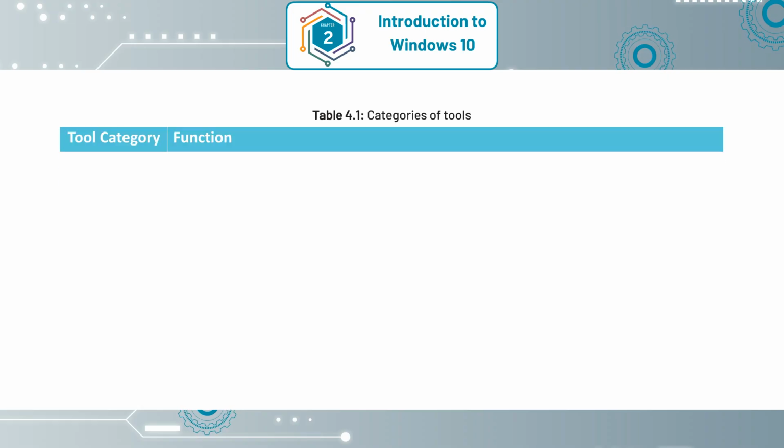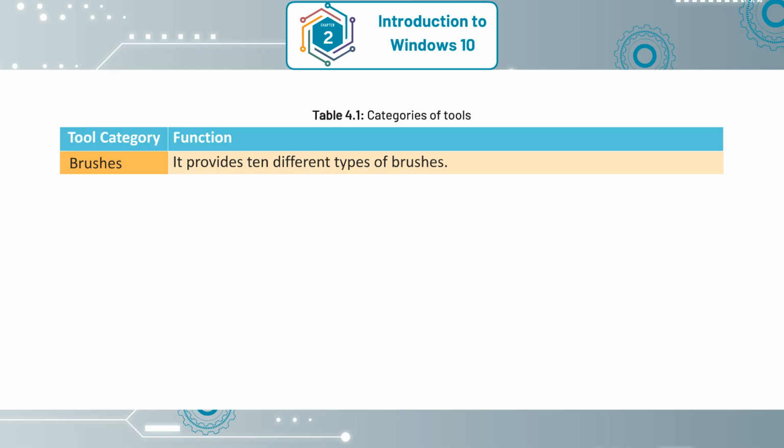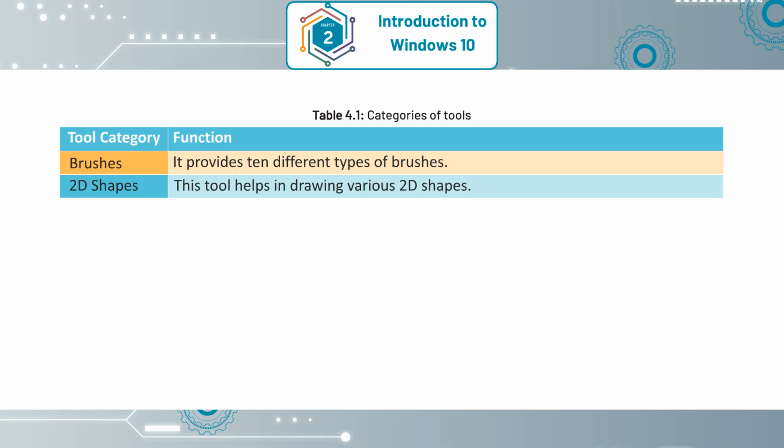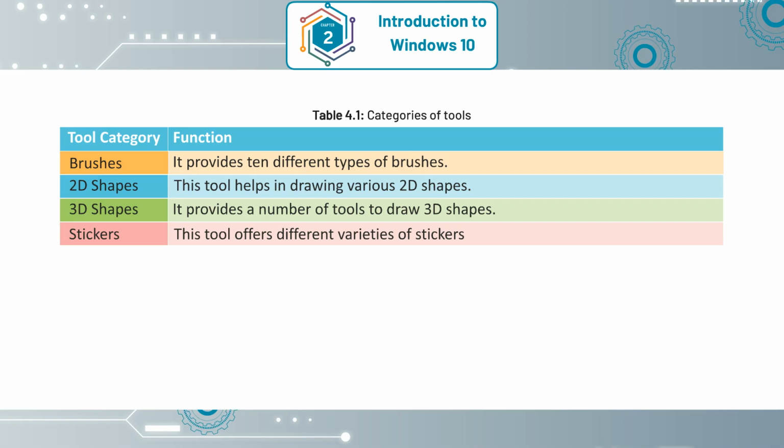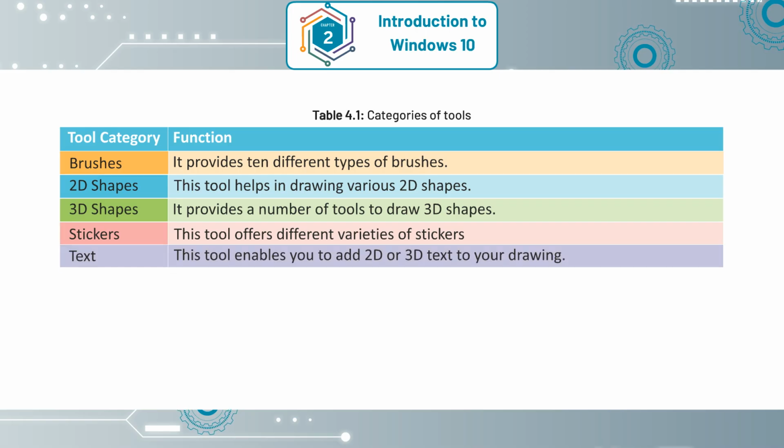Tool category. Function. Brushes. It provides 10 different types of brushes. 2D shapes. This tool helps in drawing various 2D shapes. 3D shapes. It provides a number of tools to draw 3D shapes. Stickers. This tool offers different varieties of stickers. Text.